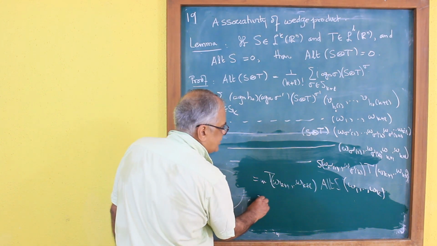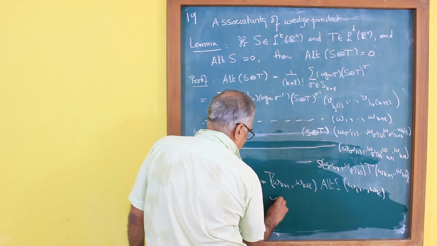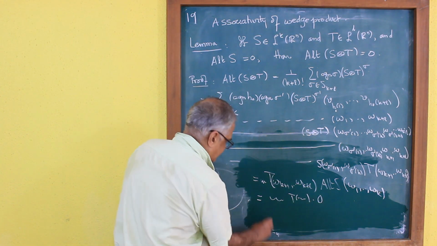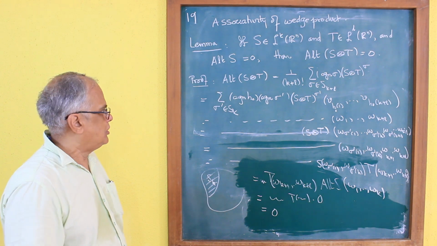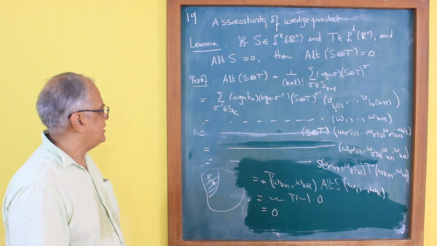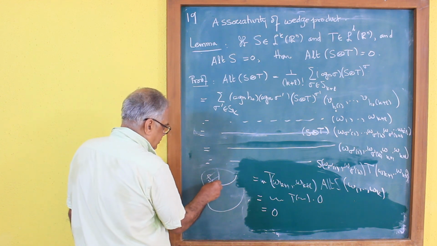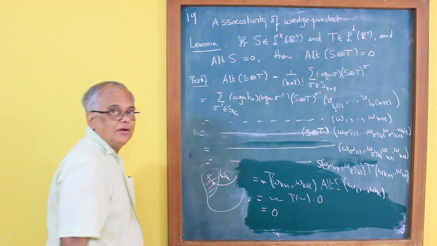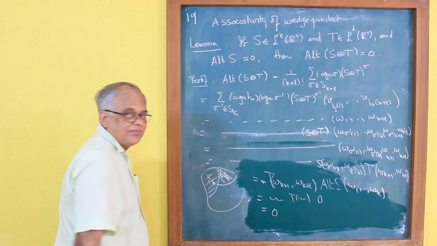But alt S is equal to 0. Therefore, alt S at w1 to wk is 0, so it is something times 0. So if I choose an h0 which is not in Sk and take the coset h0 Sk, then what we have just shown is that the sum over this part is also 0.